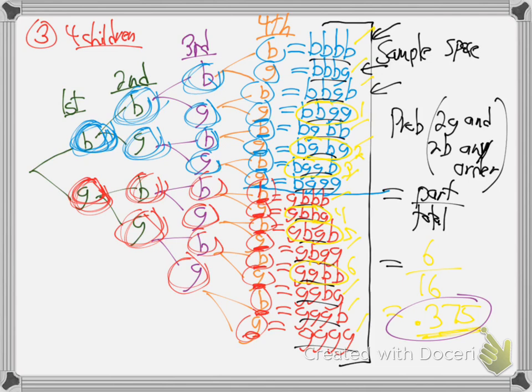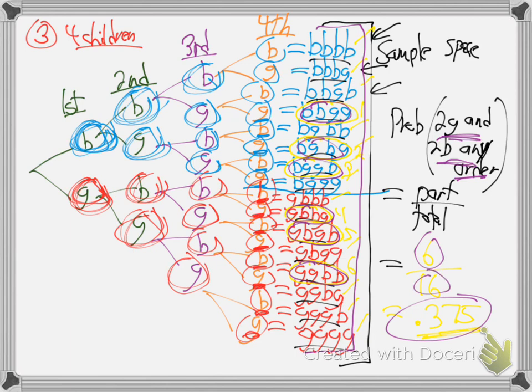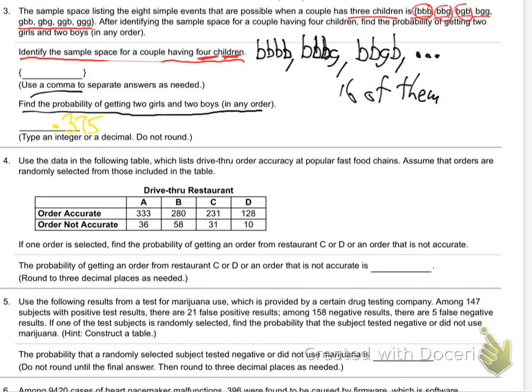We see the 16 different things that can happen when a family has 4 children. Out of those, 6 of them are 2 boys and 2 girls in any order. So 6 out of 16, divide it, 0.375. That's the probability that a family having 4 kids will have 2 boys and 2 girls in any order.